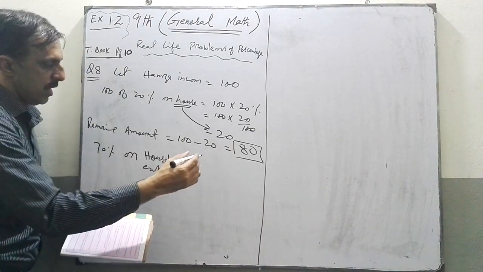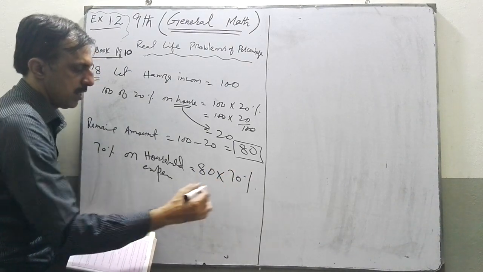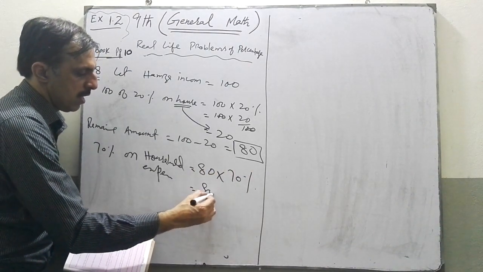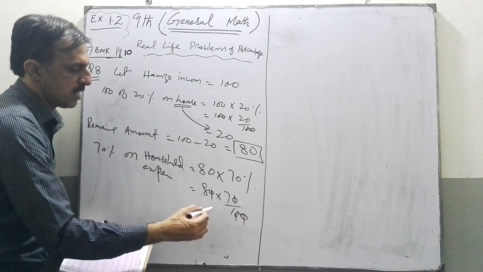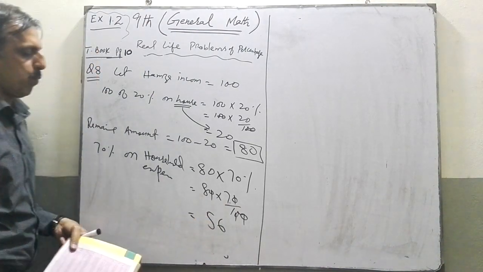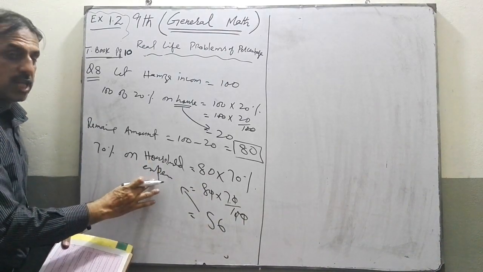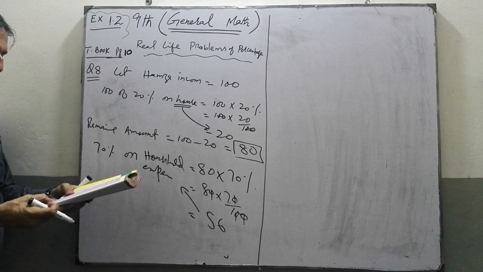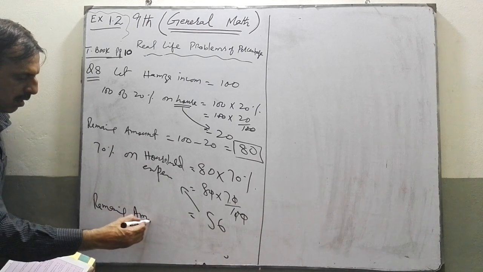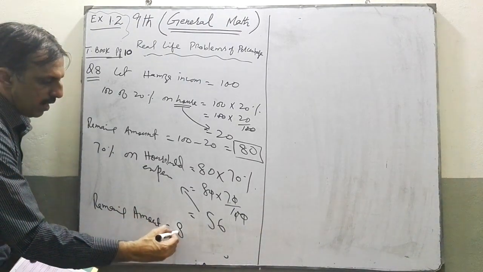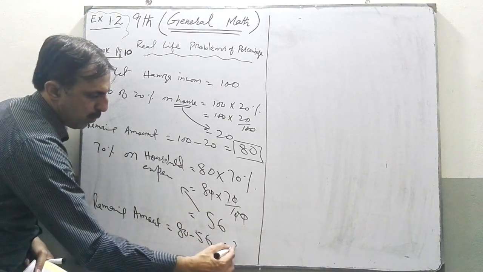So 70% of 80 is 80 multiplied by 70 over 100, the 10s cancel, 7 eights are 56 rupees. He spent 56 rupees on household expenditure. Now the remaining amount is 80 minus 56, which is 24.